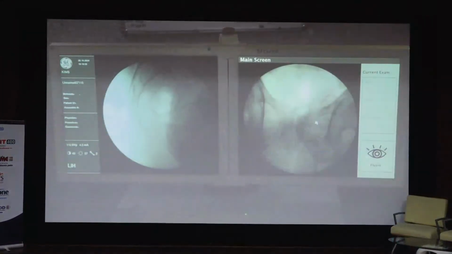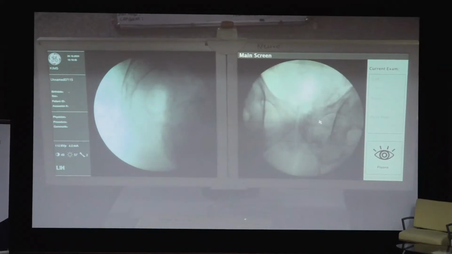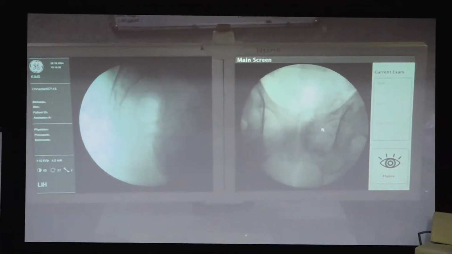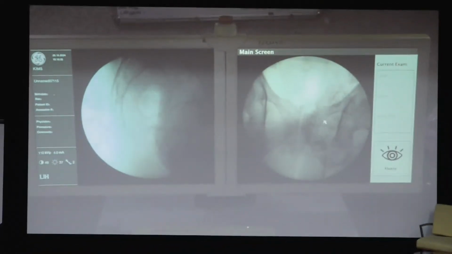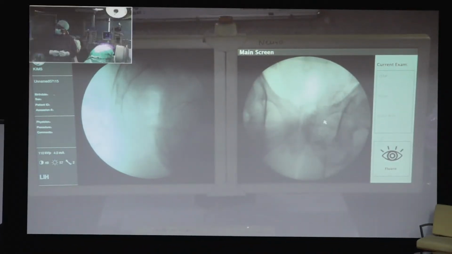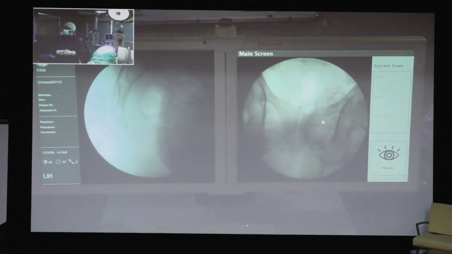Good afternoon, everyone. As you can see on the screen, we have already taken an AP view and a lateral view. So we would like to target the... As you can see, on the right of the screen is an AP view image of the lower part of the sacrum, and on the left is the lateral view.